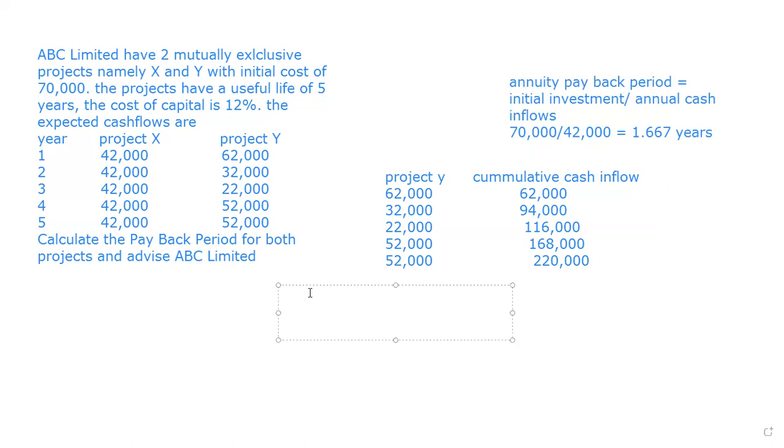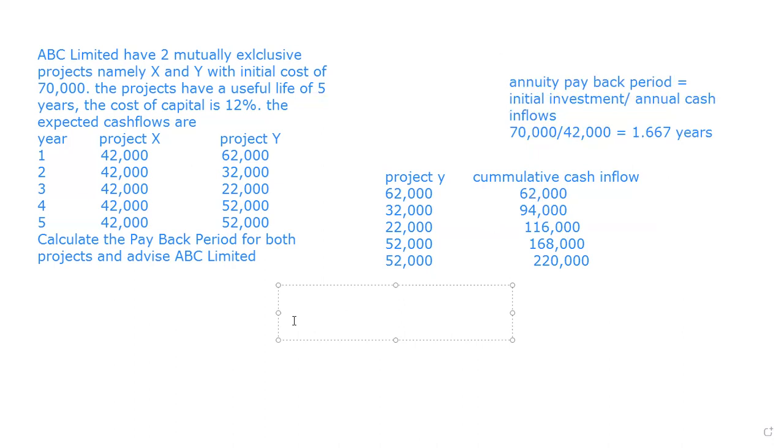You take the difference. Remember, this is 62,000, and our cost of investment was 70,000. Now, what is the deficit? 62 against 70. Our deficit is 8,000.